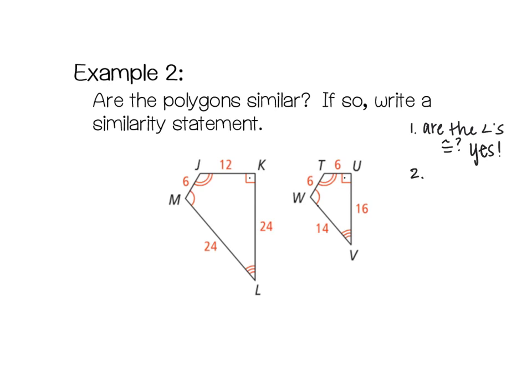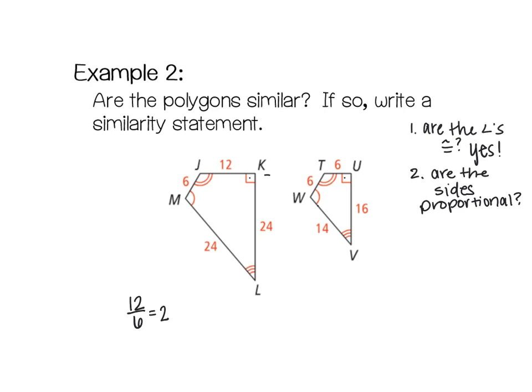The second thing I need to check is, are the sides proportional? And so how I'm going to check that is by setting up a proportion for each side. So if I start with JK and then this TU, I would have 12 over 6, which is 2.